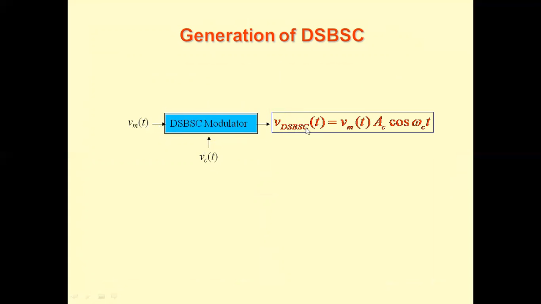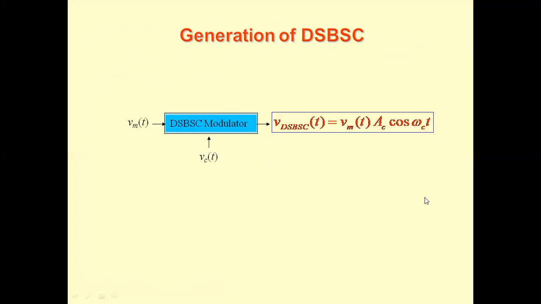So V of t DSBSC is the DSBSC signal, which is nothing but the product of the message signal with the carrier signal. Message signal is Vm of t and the carrier signal is Vc of t, where Vc of t equals Ac cos omega c t.